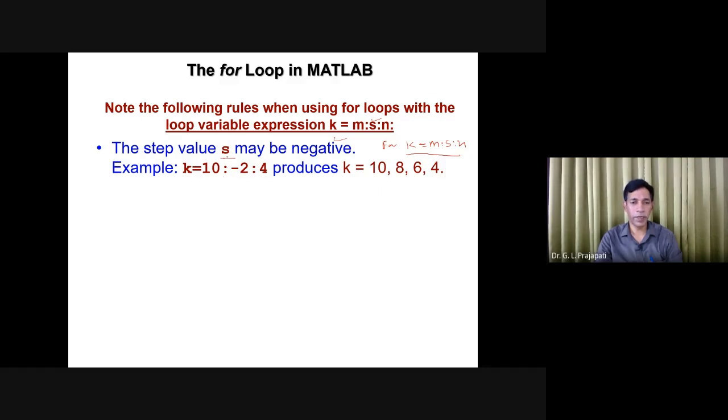Remember that when s is negative, the initial value must be large compared with the last value, because you are going down. So the first time k becomes 10, next time k becomes 8, then 6, and then 4. Once k becomes less than 4, the loop will not be executed.